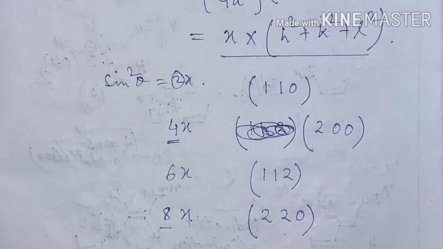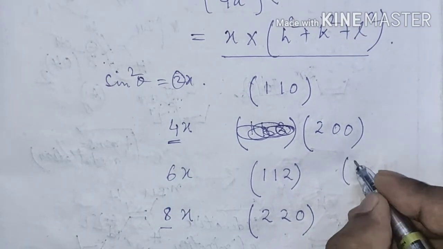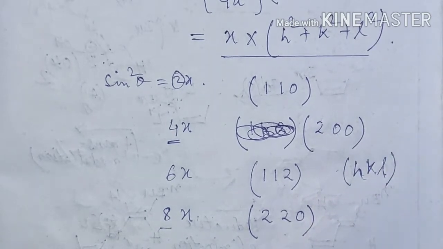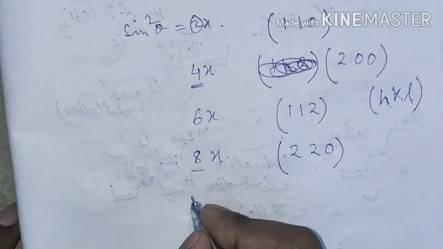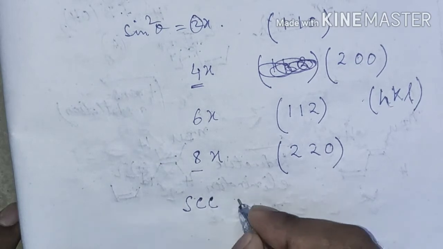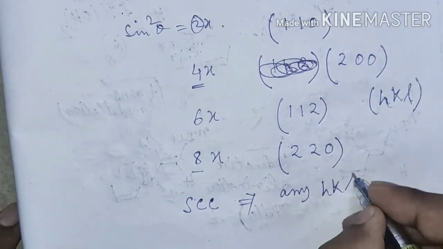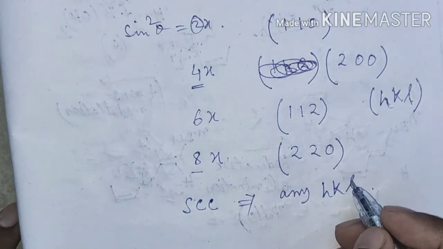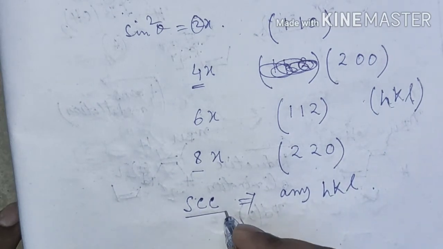Now the selection rule for diffraction from a crystal plane whose Miller indices are HKL: for a simple cubic crystal, any value of HKL is possible. That is, for any value of HKL, reflection or diffraction from a crystal plane is possible for simple cubic crystal.